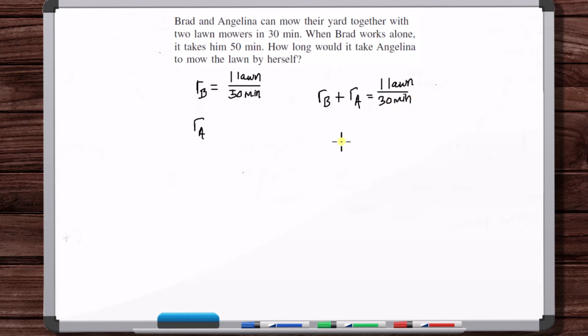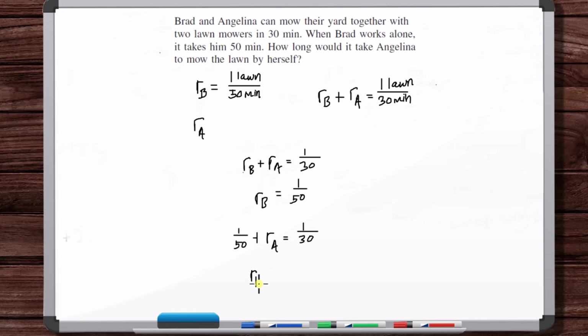How long would it take Angelina to mow the lawn by herself? Well, we know that RB plus RA is equal to 1 over 30. We know that RB is equal to 1 over 50. So 1 over 50 plus RA is equal to 1 over 30.